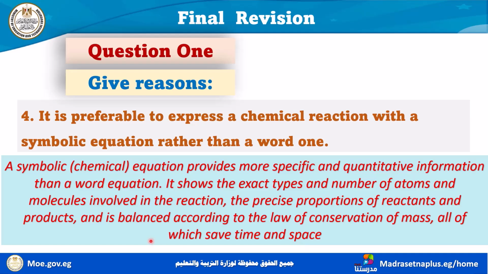So it's preferable because it gives the full information about the chemical reaction: the number of atoms, the molecules, the substances, the conditions, all of the information needed to describe this chemical reaction.